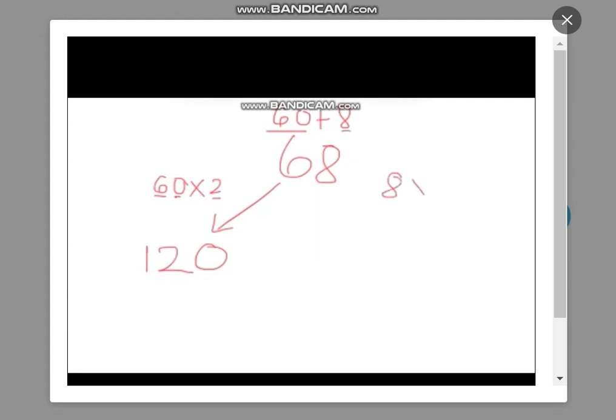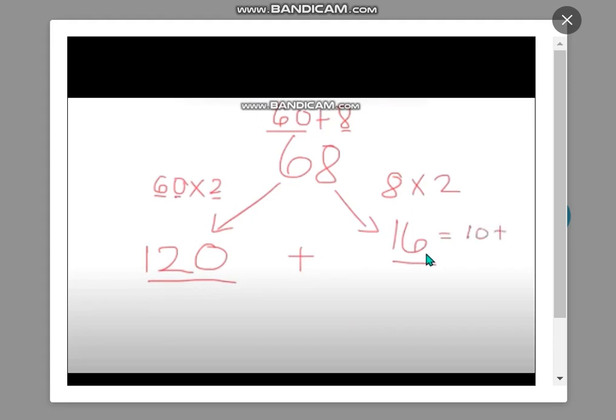Now double 8, which is in the ones place, is equal to 16. Now since this is a 2-digit number, we are going to partition this one again into our tens and ones.